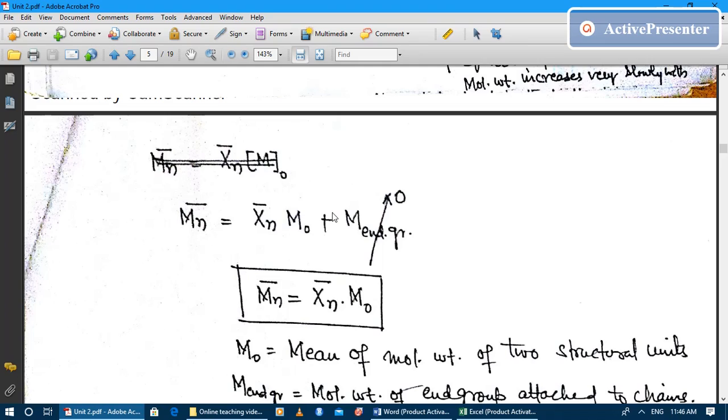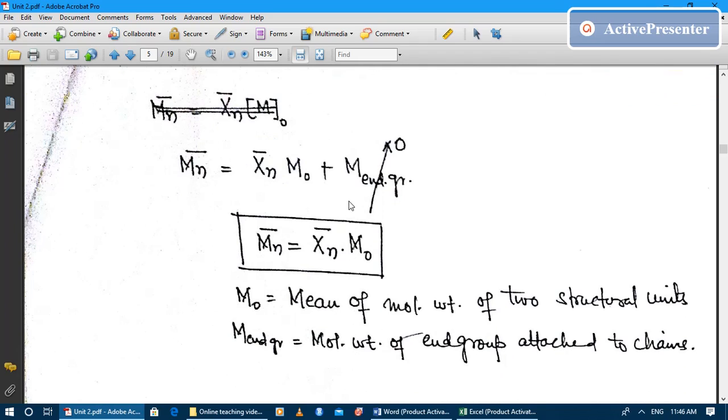Since the molecular weight of structural unit or repeating unit is slightly different than the molecular weight at the end, because at the end the structure is slightly different, one additional hydrogen atom or any other group is added, so there is a very slight, or you can say negligible, difference between M naught and M end.